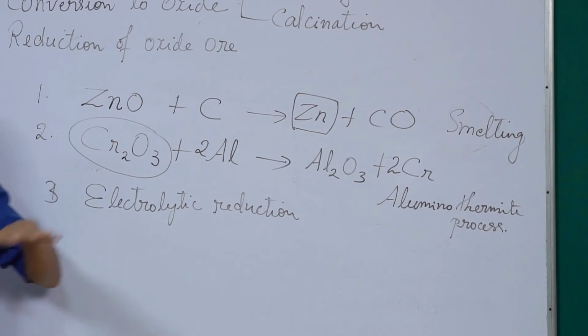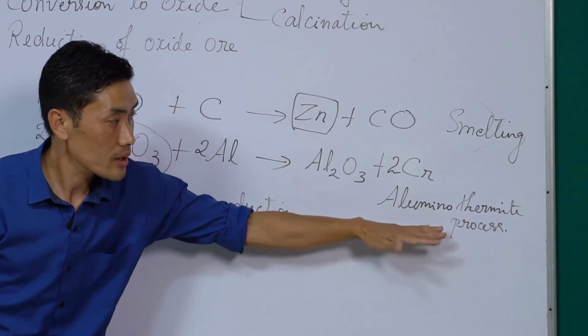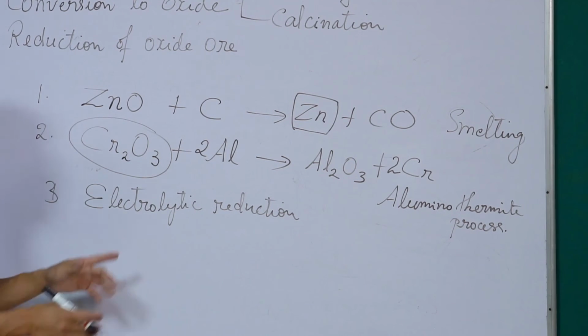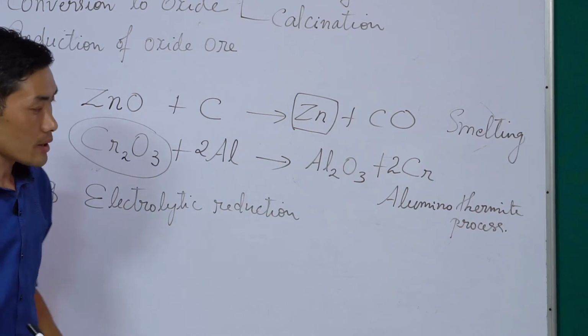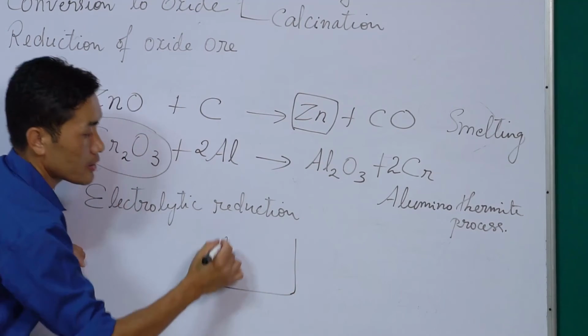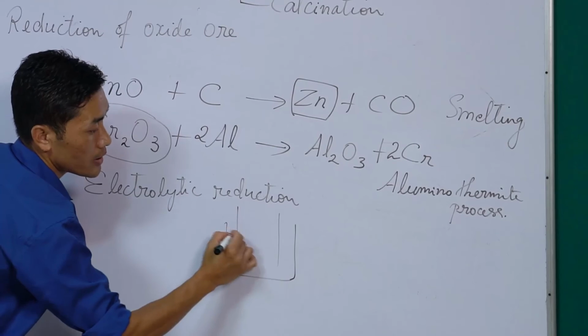Now, if we cannot use smelting or the aluminothermite process for reducing the oxide ore, we go for electrolytic reduction. In this electrolytic reduction, the ore in its molten state is electrolyzed in an electrolytic tank using some suitable electrodes.